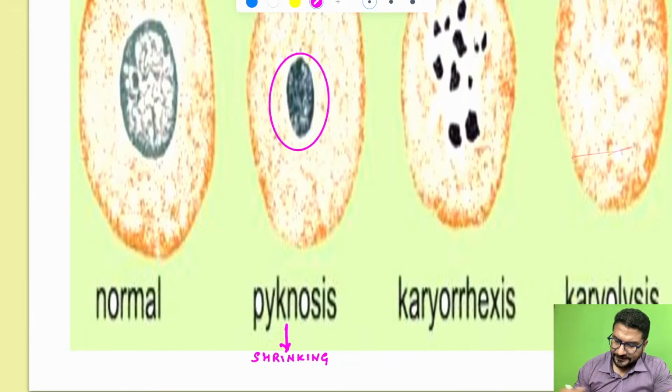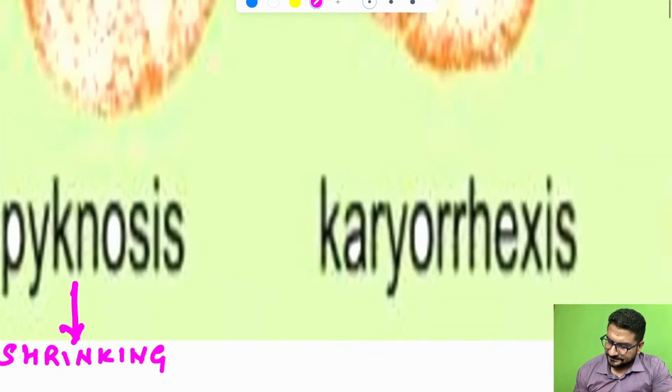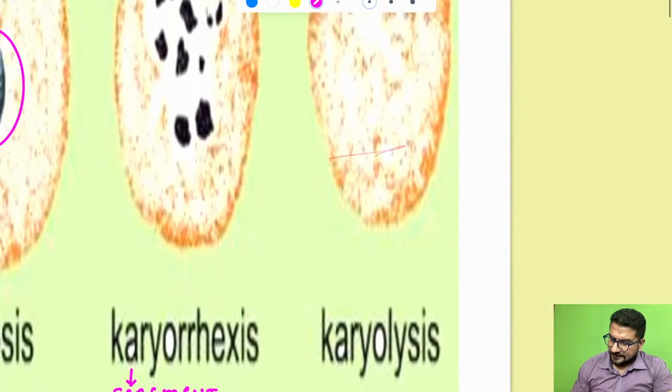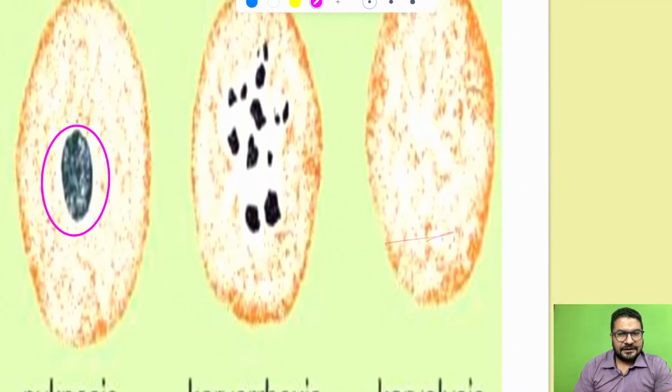Now when the nucleus is fragmented into pieces, if the nucleus breaks into 4-5 pieces, this fragmentation is called karyorrhexis. And third is karyolysis, where you can notice the nucleus has disappeared, there is no nucleus.